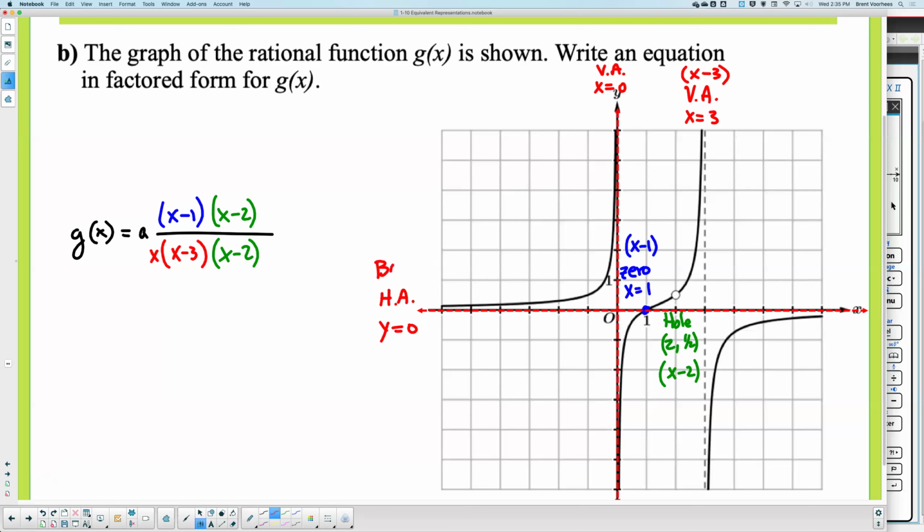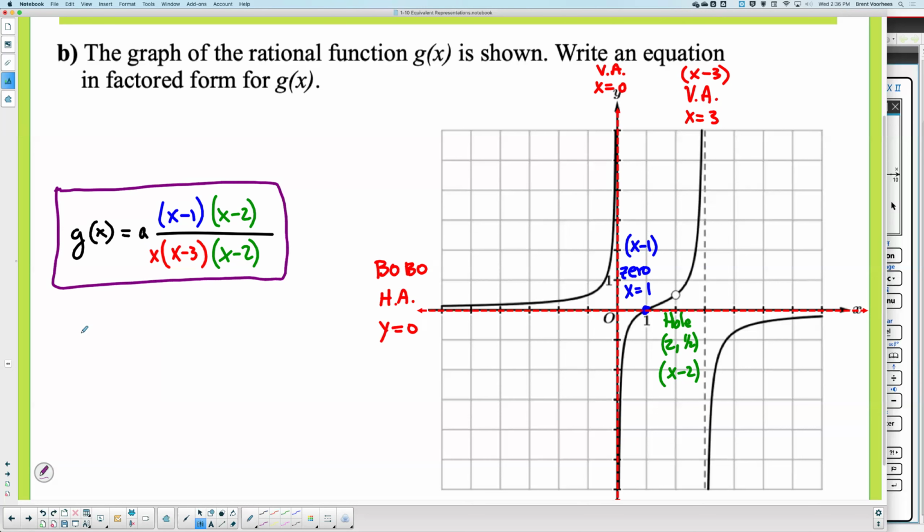Bigger on bottom, because it's y equals 0. This is factor form, so you add up all the x's. How many x's would I have? 3. How many x's here? 2. Are my x's bigger on the bottom? Then that's good. I'm content with saying this is your answer right here.